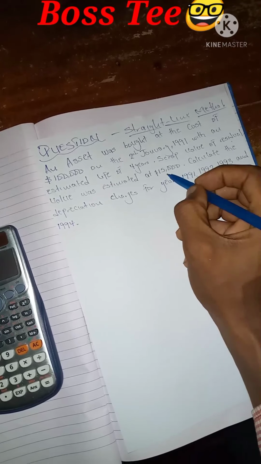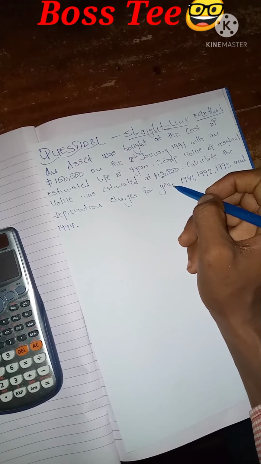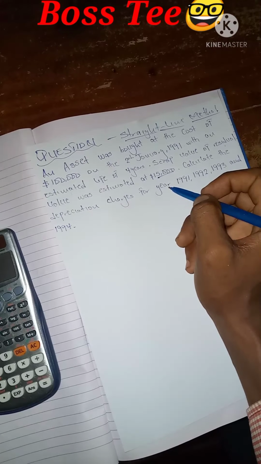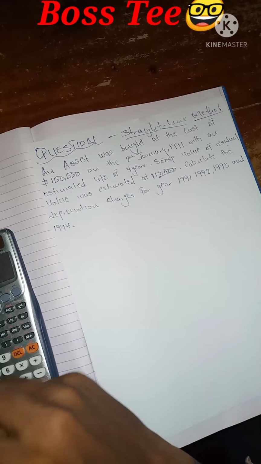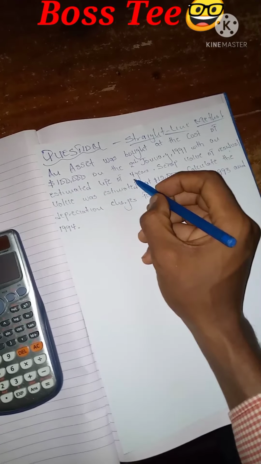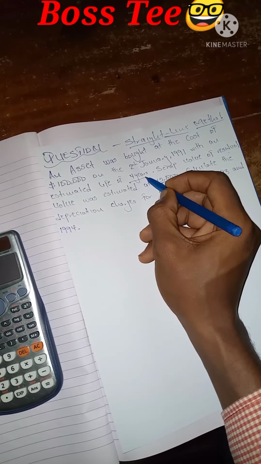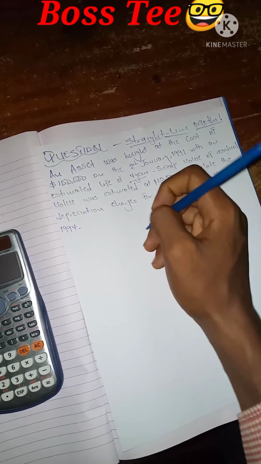The residual value simply means the value that will remain after depreciation from this particular cost. And this 4 years is our estimated useful life. The asset is expected to serve us for 4 years.